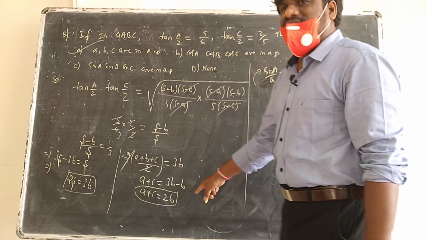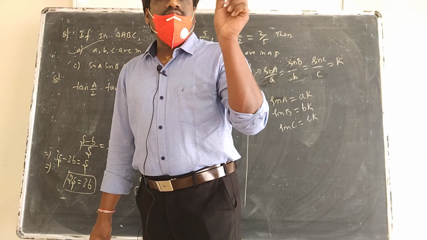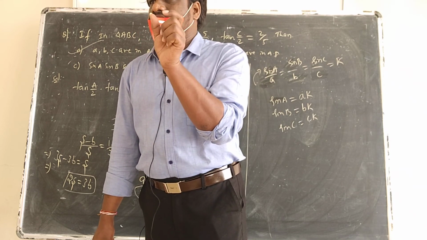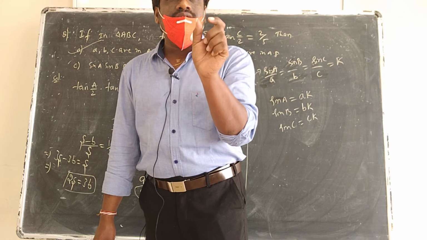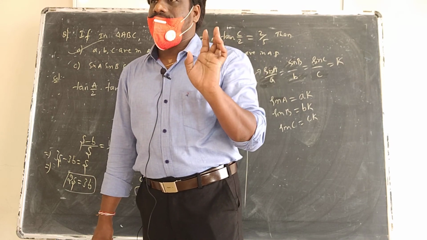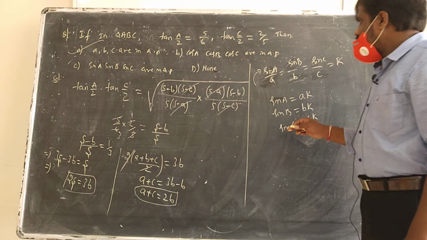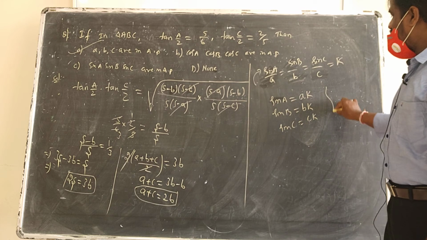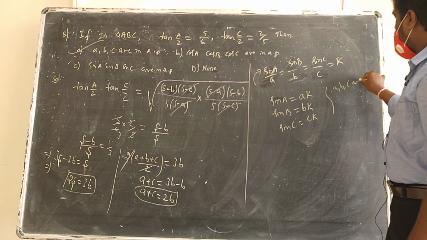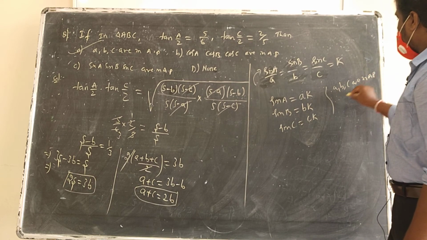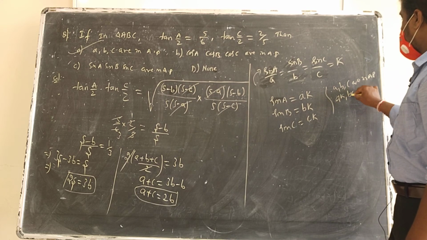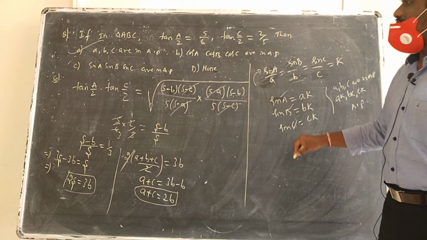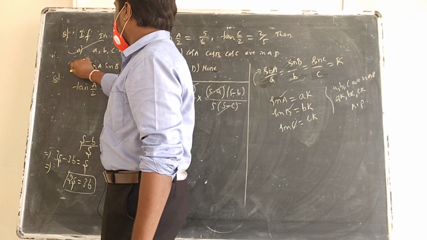You know that if the terms are in AP and that sequence is multiplied by any constant, the resulting sequence is also in AP. So here sin A is AK, sin B is BK, sin C is CK, and A, B, C are in AP, so AK, BK, CK are also in AP. If AK, BK, CK are in AP, then sin A, sin B, sin C are also in AP. So options A and C both are right answers.